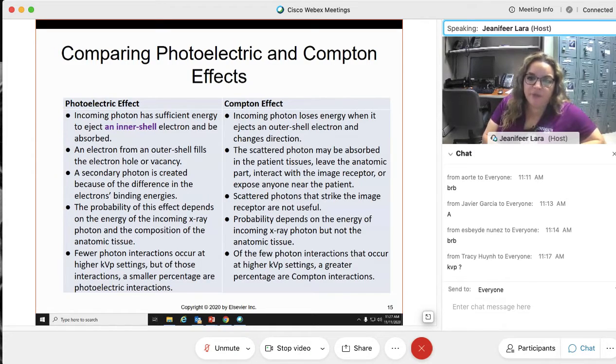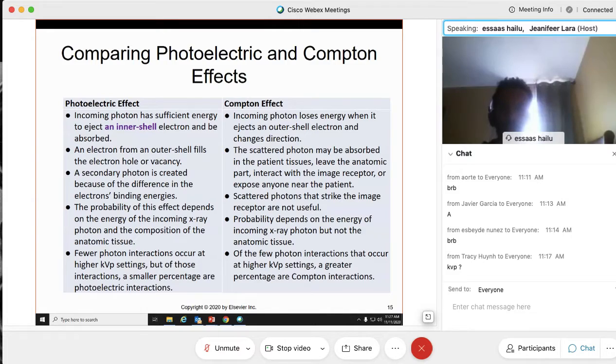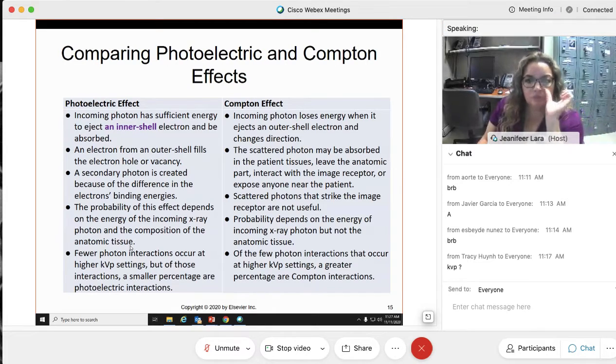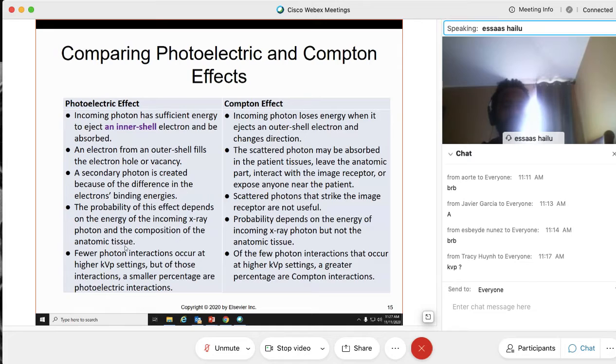Why do we spend so much time on these two, Esaias? Why do we spend so much time on photoelectric effect and Compton effect? Because they are important for our image quality. Beautiful. You said it so beautifully.